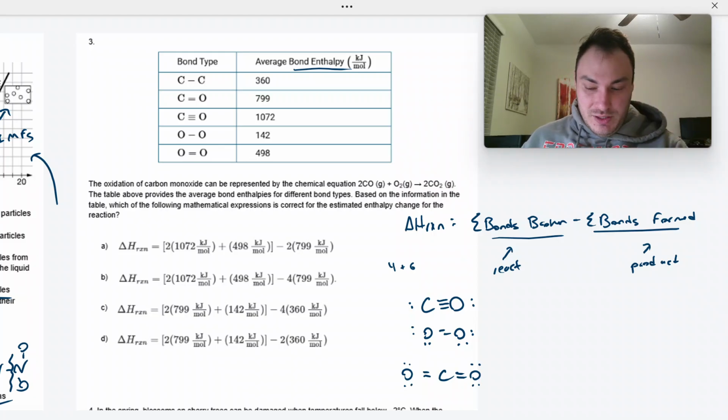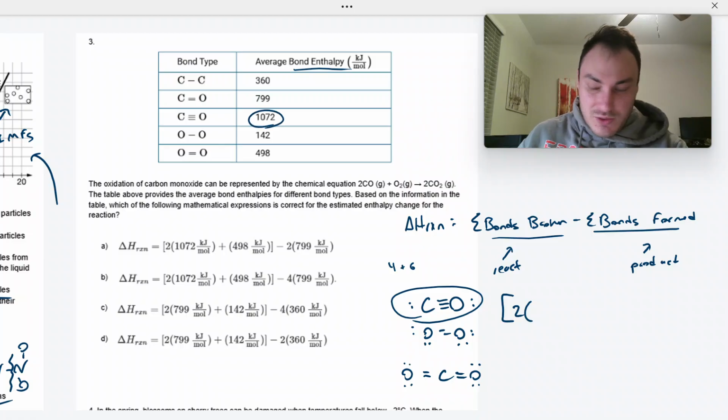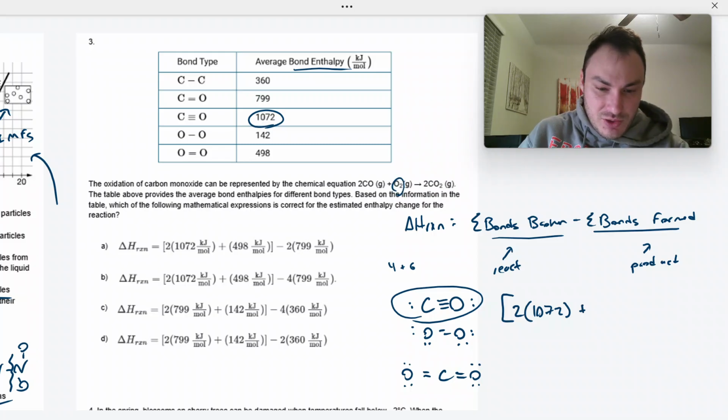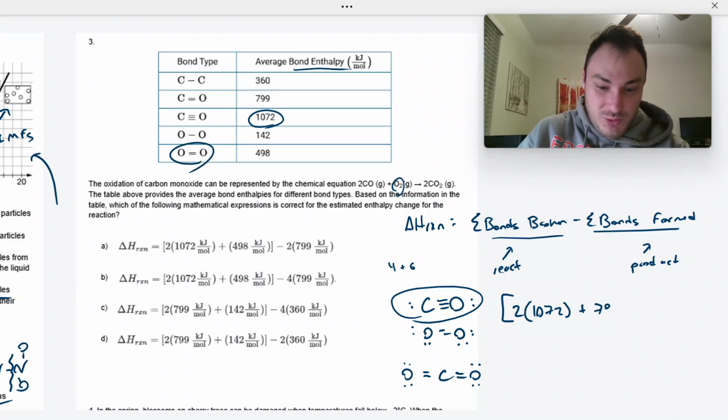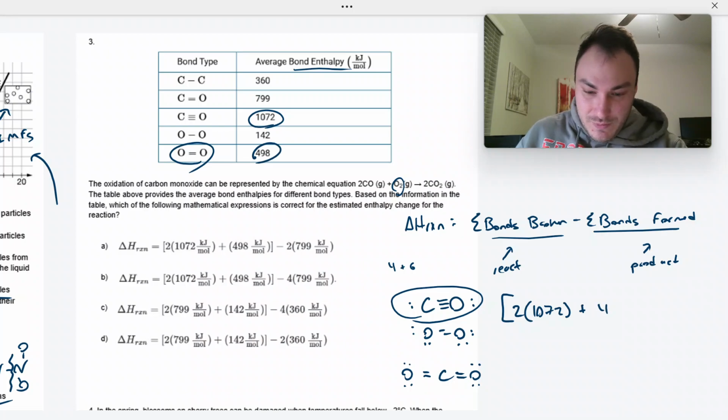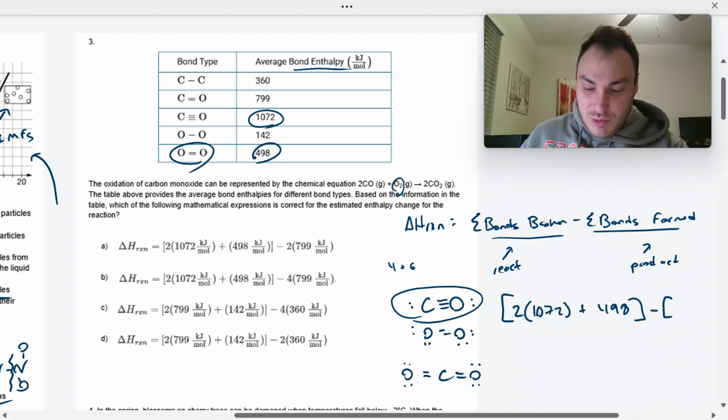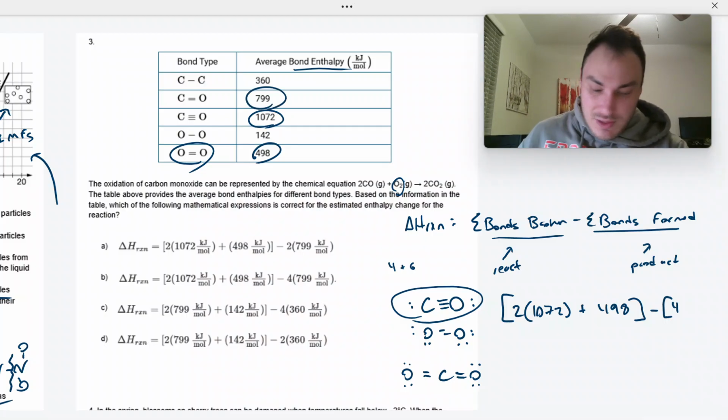So it's going to be 2 times whatever this one is, which is 1072, plus the double bond, which is this one, 489, minus 2 carbon dioxides, and each carbon dioxide has 2 CO double bonds, so it's going to be 4 of the CO double bonds, 799.